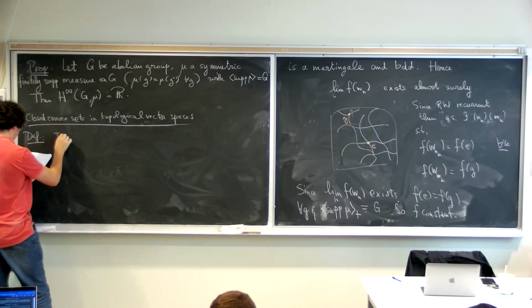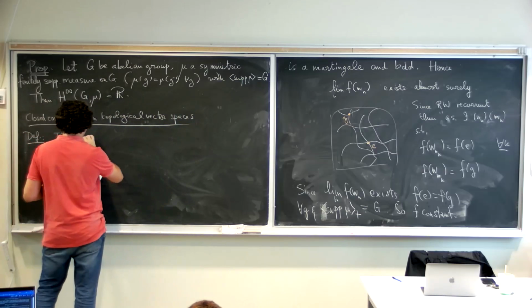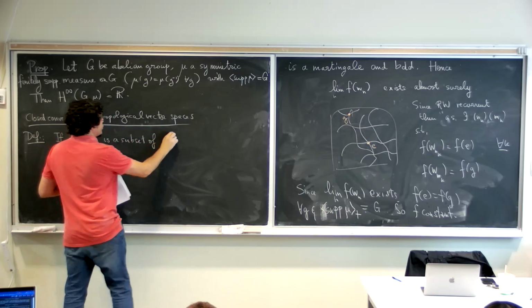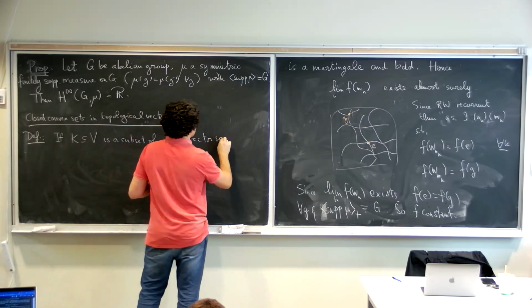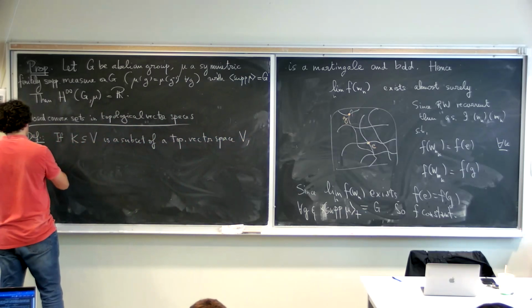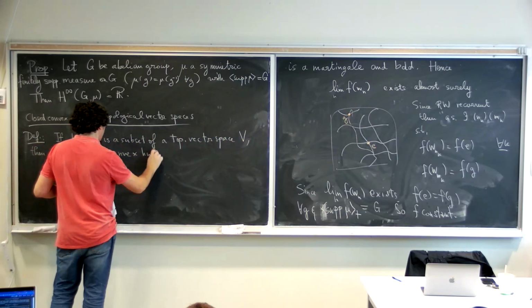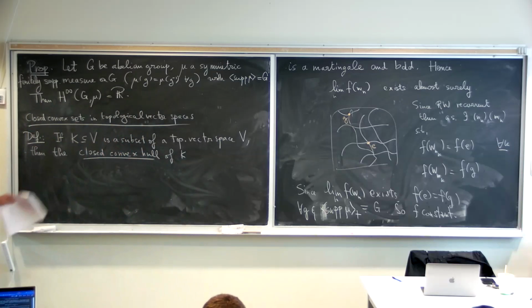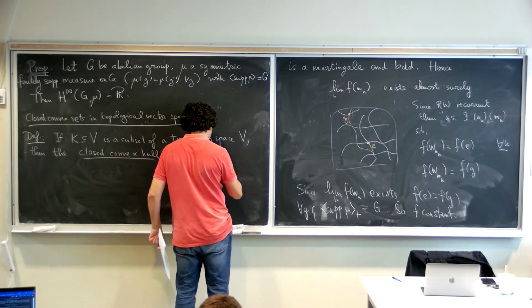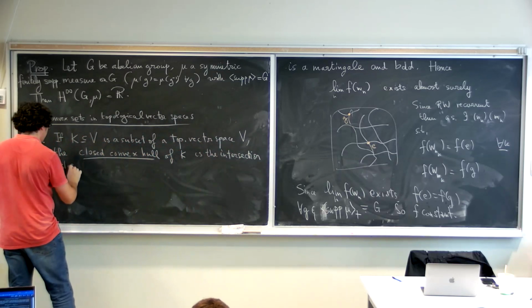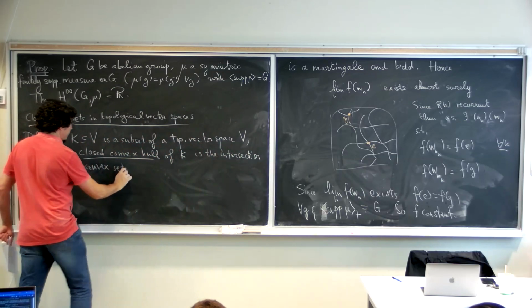If K is a subset of a topological vector space V, then the closed convex hull of K is the smallest closed convex set that contains K. Yes, the closed convex hull of K is the intersection of all closed convex sets containing K.